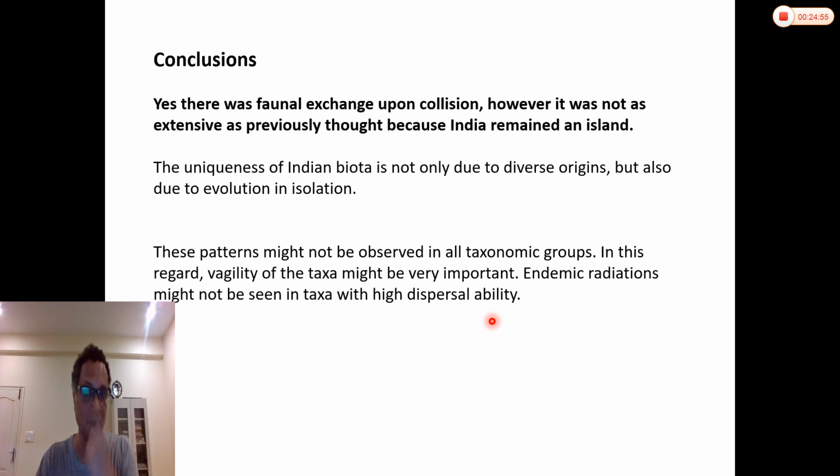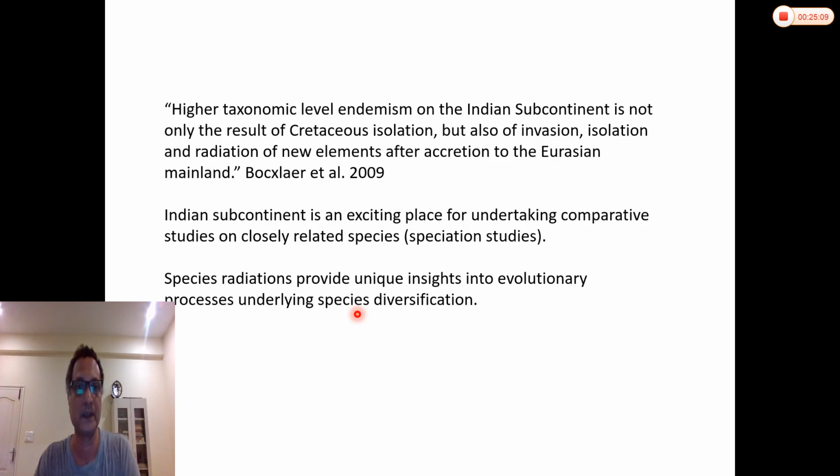And in this regard, vagility is a very important aspect to look into. Endemic radiations might not be seen in taxa that have high dispersal ability. Now, others have also talked about it, but not explicitly said India is an island.